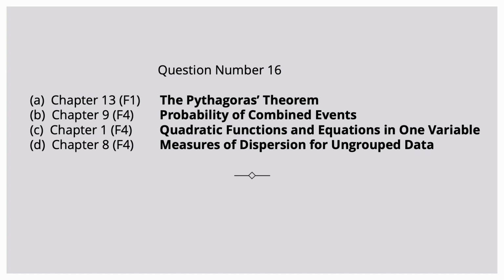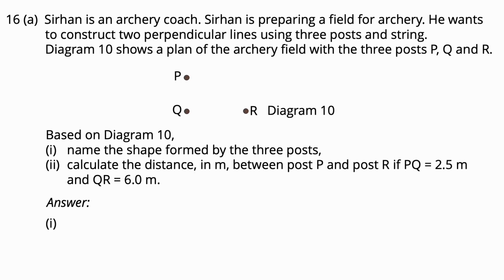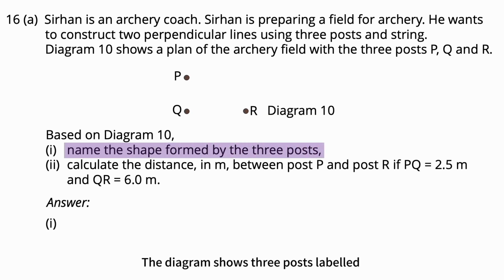Question number 16, A1. Name the shape formed by the 3 posts. The diagram shows 3 posts labeled P, Q, and R. According to the question, the coach wants to construct 2 perpendicular lines using these posts. Perpendicular lines meet at a right angle, 90 degrees.